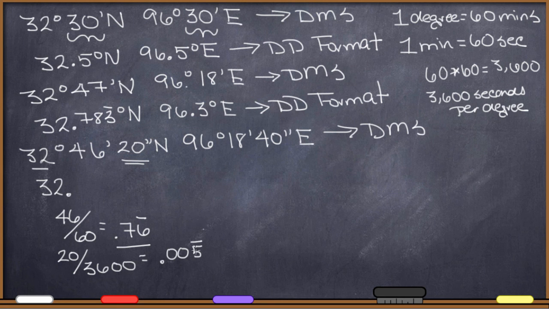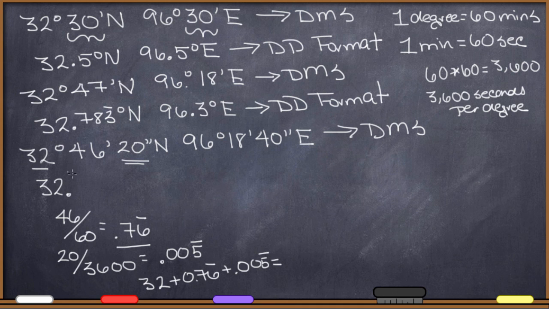So 32 plus 0.76 repeating plus 0.005 repeating, that will give me the fraction that I need in order to come up with how many decimal degrees that is. So 0.766666 plus 32.